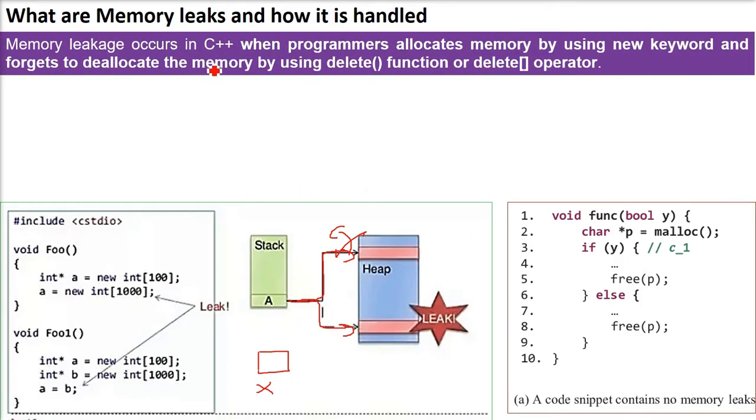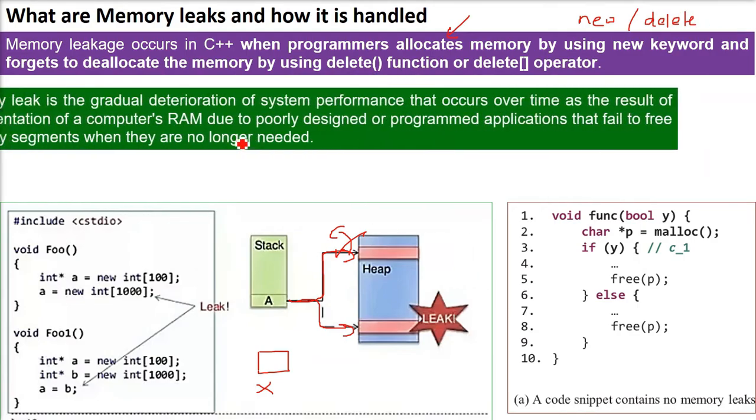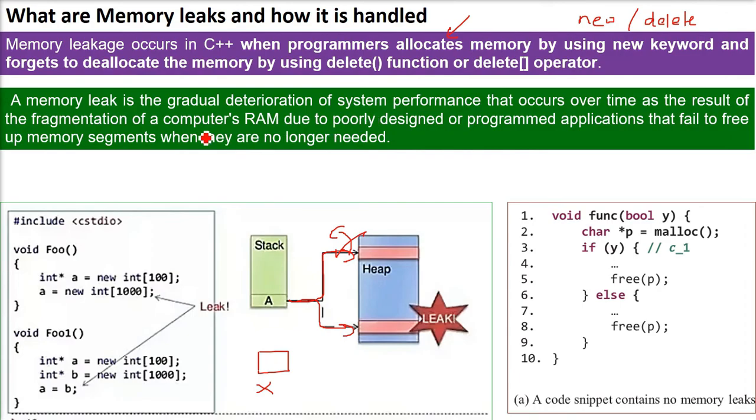Memory leakage occurs in C++ when programmers allocate memory by using the new keyword or malloc, but they are not deallocating it using delete or free. When you have a memory leak, there will be a gradual deterioration of system performance over time because of the fragmentation of computer RAM due to poorly designed and programmed applications that fail to free up memory segments which are no longer needed.